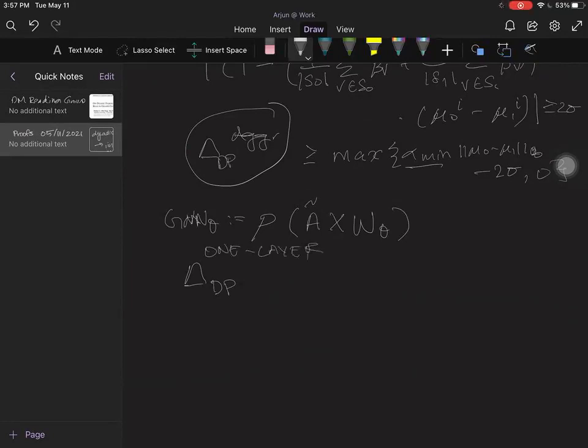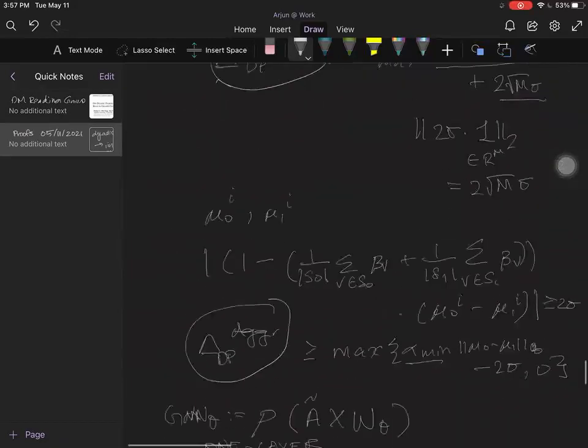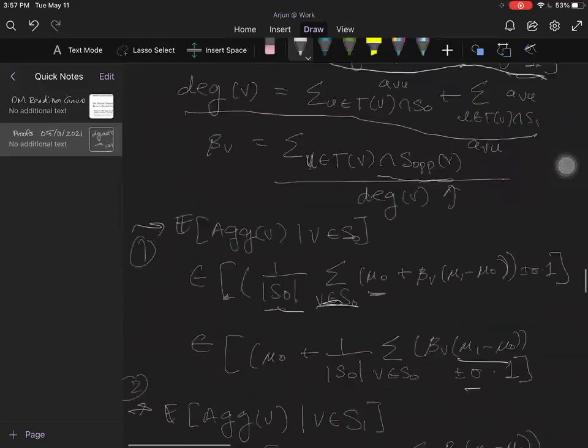So what's the first thing we can do? We can look at this, which is upper bounded from the earlier proposition here.